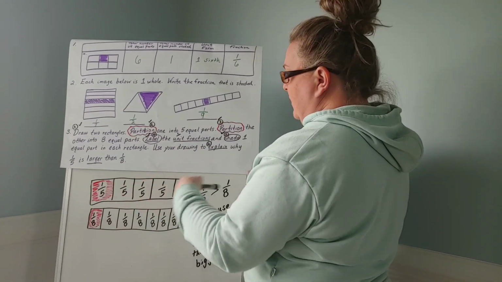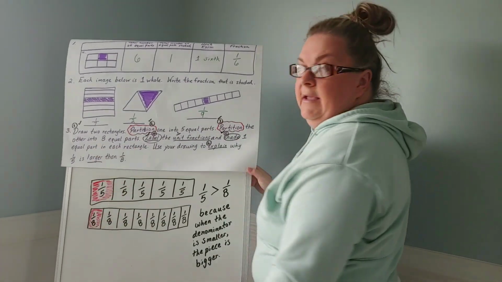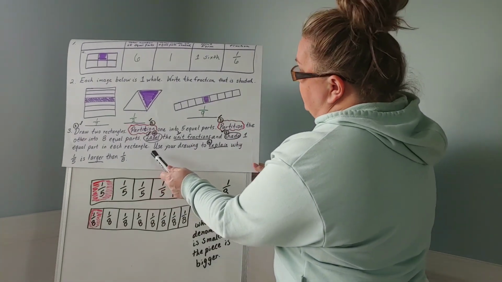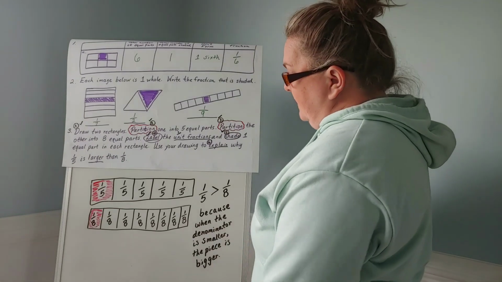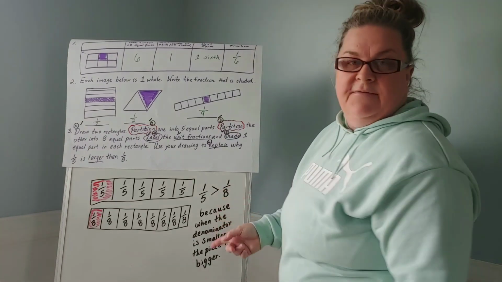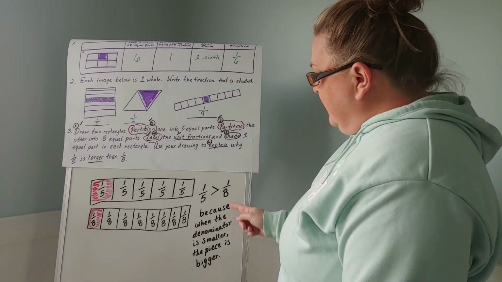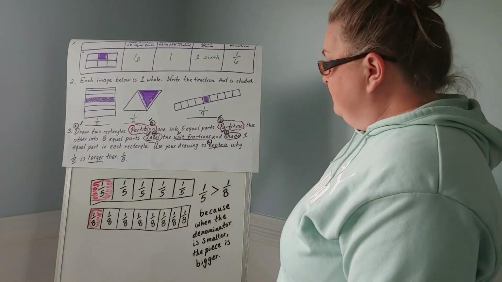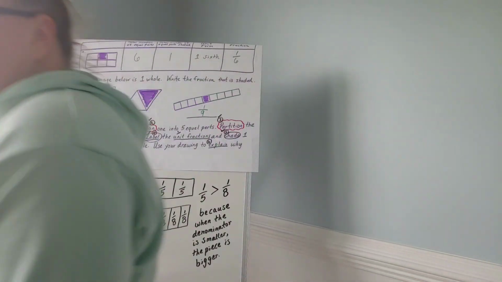Yep, because they all have numerators of 1. Did I shade 1 equal part in each rectangle? Yeah, I used my red. And then did I use my drawing to explain why 1/5 is larger than 1/8? Yeah, I probably didn't even have to write this, but we know that we're good math students and it's okay to take a couple seconds, right, and write this, right? It really explains it.